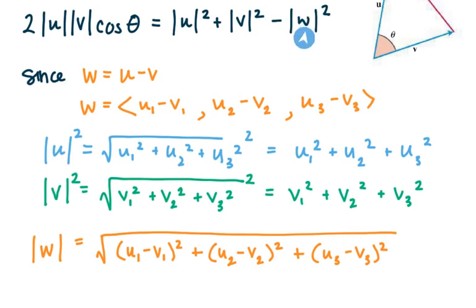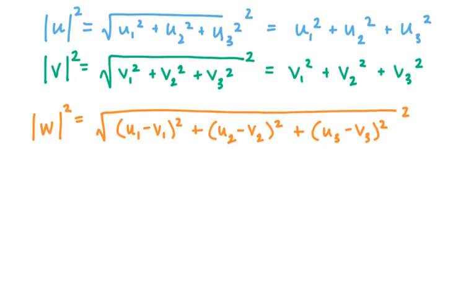Again, wanting to calculate that magnitude squared, I can square the left, square the right, and I'll see that this square and the square root will cancel, so I just need to calculate each of these products or FOIL each of these.